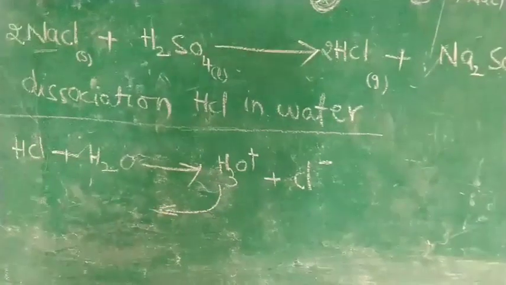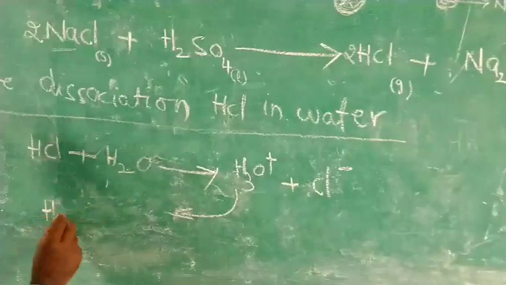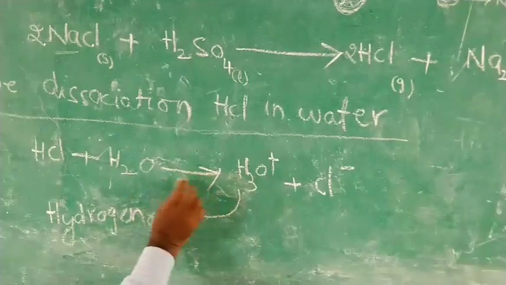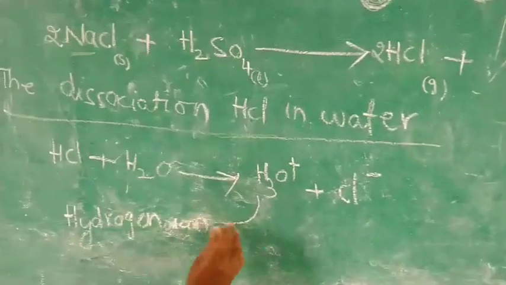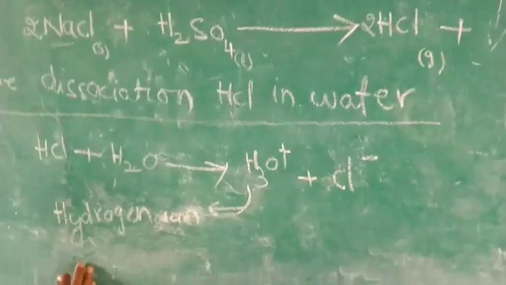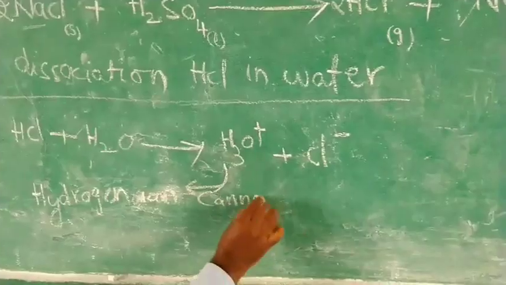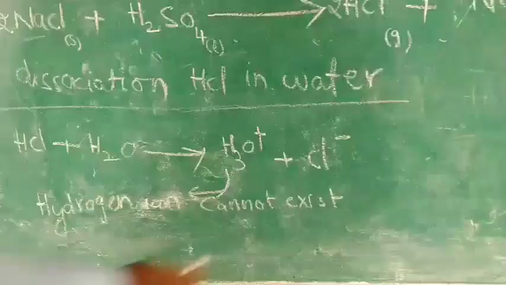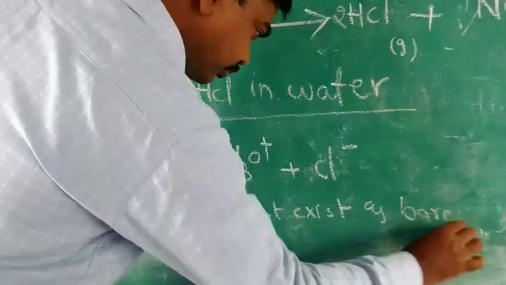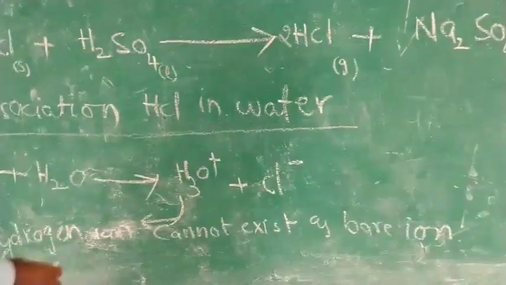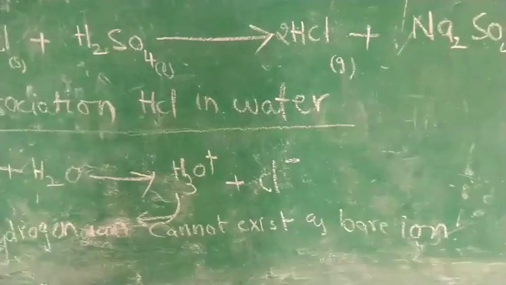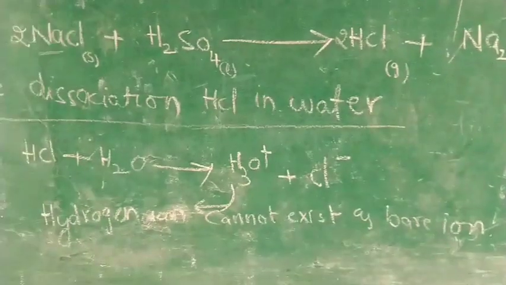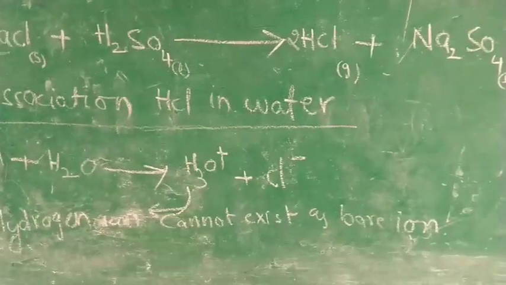Bare ion means it will not exist individually; it exists as the H3O+ ion. Here the hydrogen ion is unstable, and it will easily combine to form another compound. That's why the hydrogen ion cannot exist as a bare ion.